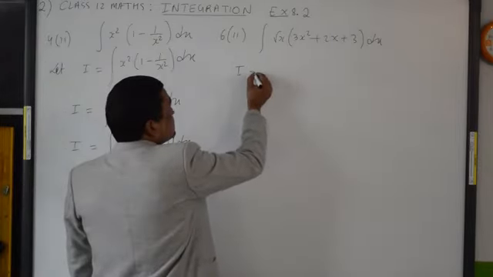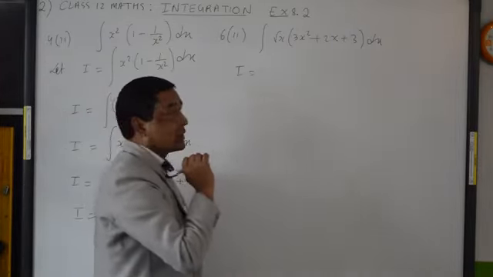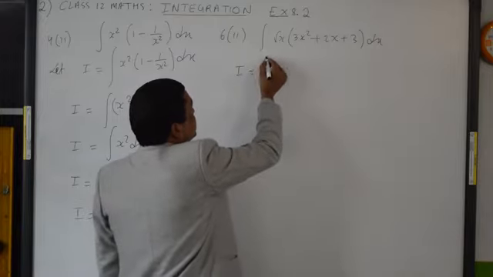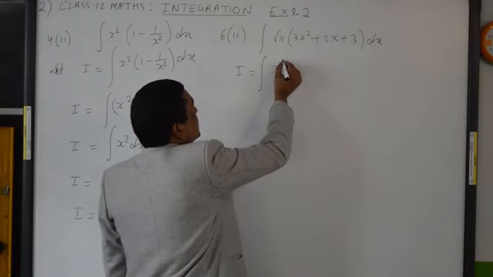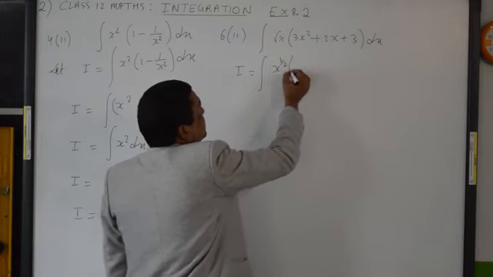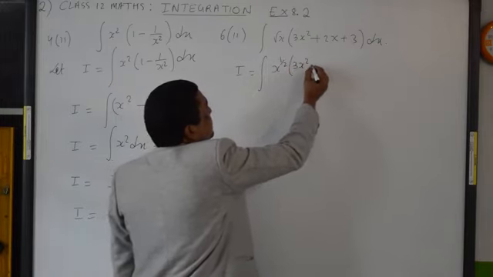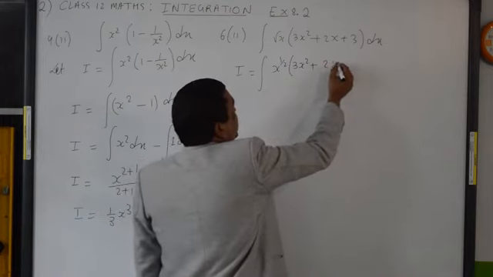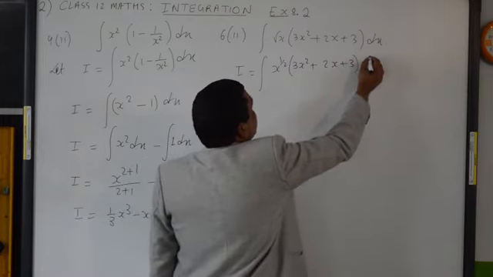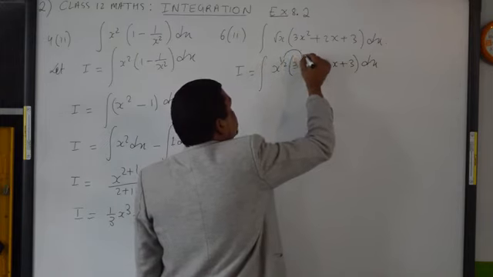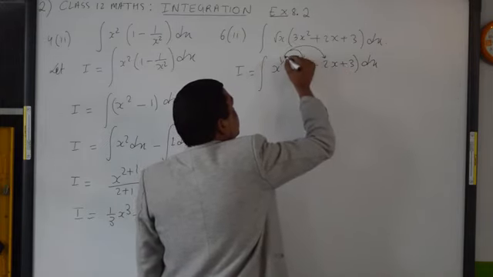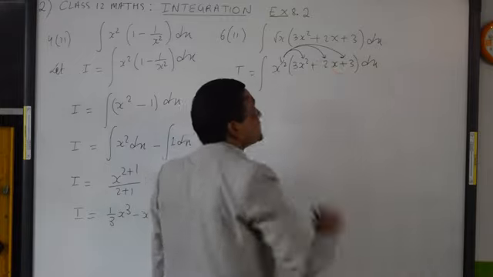Now I equals integration of root x, where root means power half, so convert this into exponent form, then (3x square plus 2x plus 3) dx. Now multiply each term to convert into simple form.